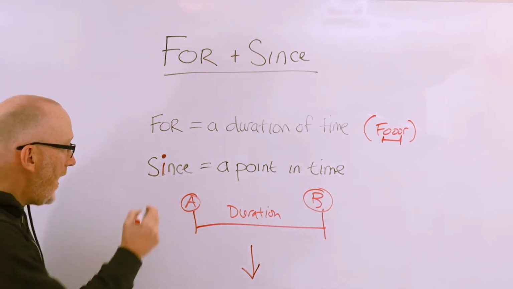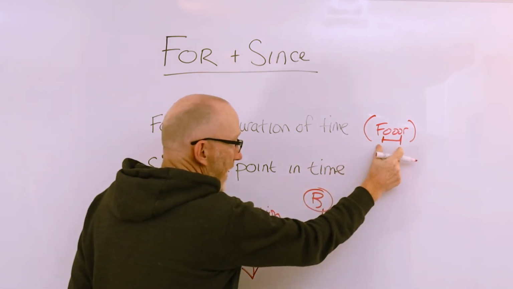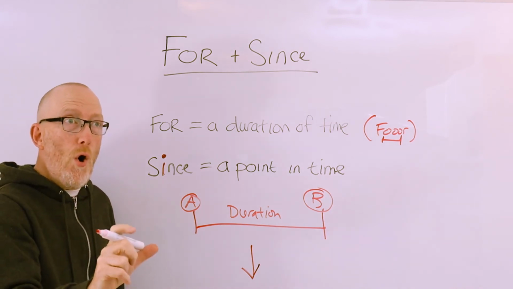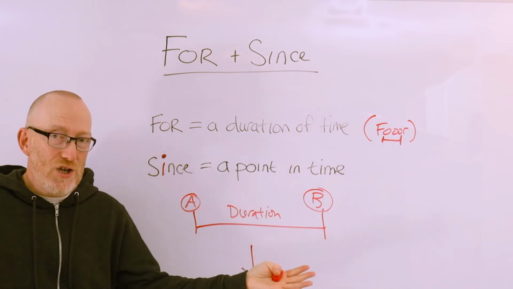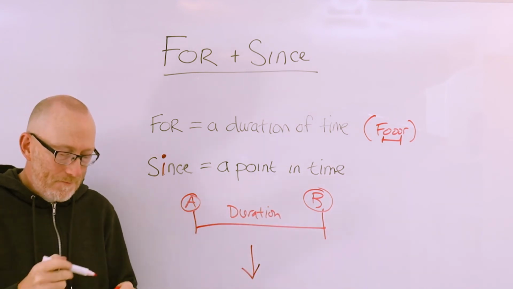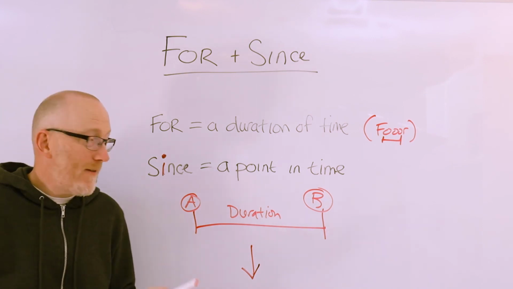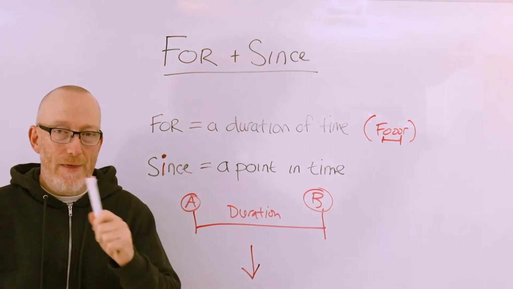So since is for a point in time, and for is for the duration. And you can remind yourself of that by pronouncing for with that elongated sound over a duration of time. Yeah? So I hope this little fluency lesson will help you to get for and since more correct in the future.